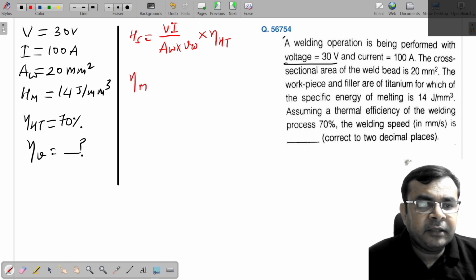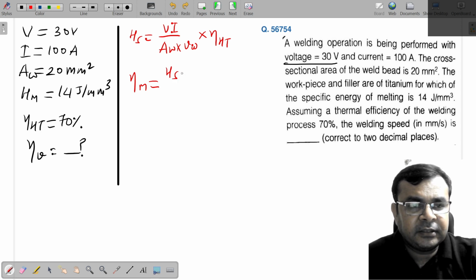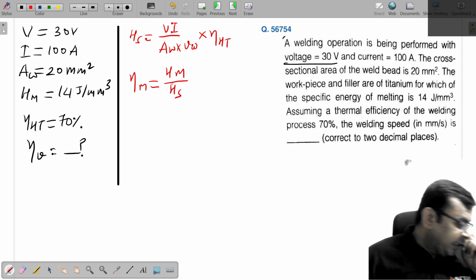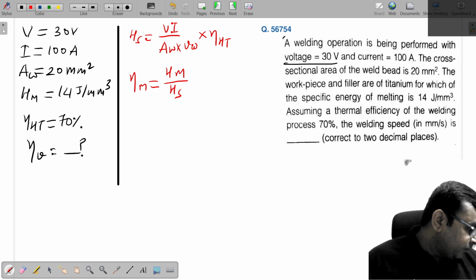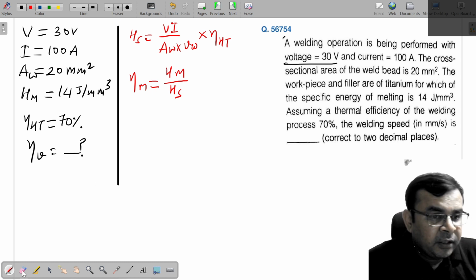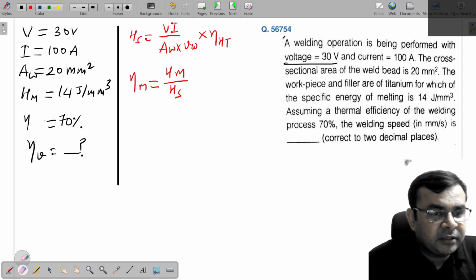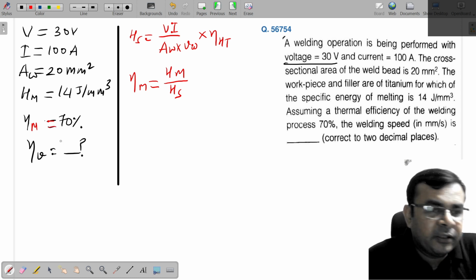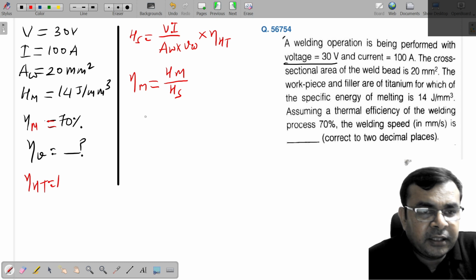And melting efficiency is nothing but HS by HM, sorry, HM by HS, correct? So you can see in this problem actually, here we have melting efficiency, not eta st. Yes or no? If eta st is not given, so simply I assume eta st is equal to 1, correct?